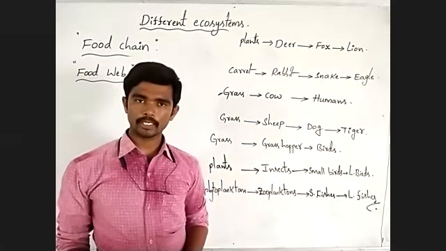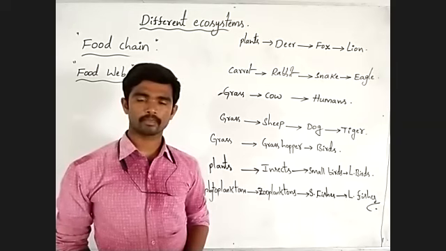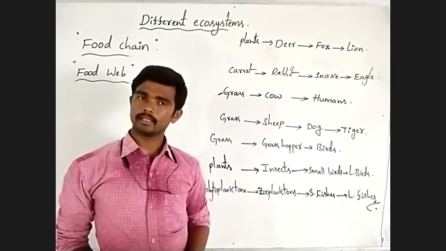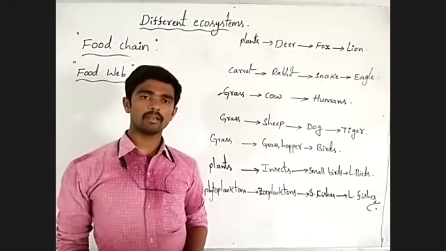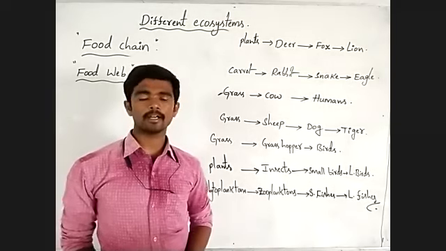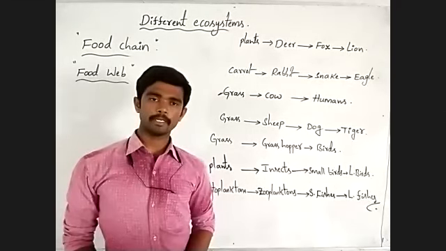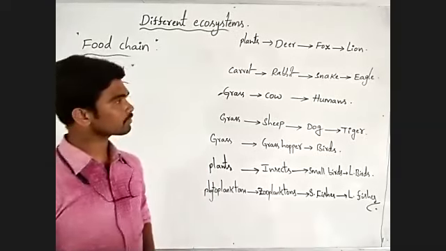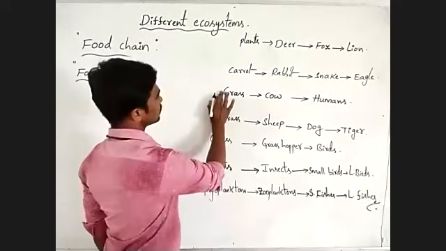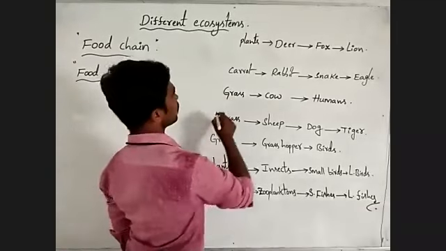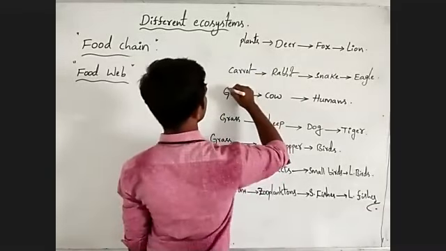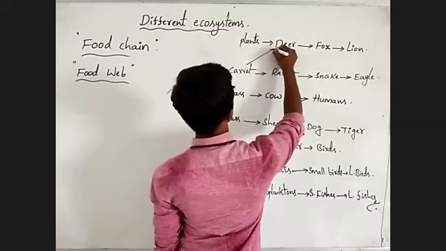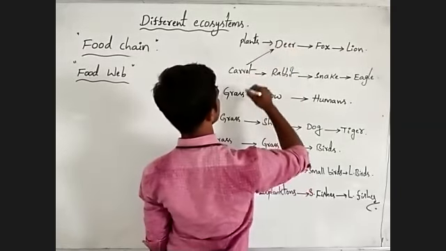If we take an ecosystem, all biotic components are interdependent one upon another. For example, carrots are eaten by deer.